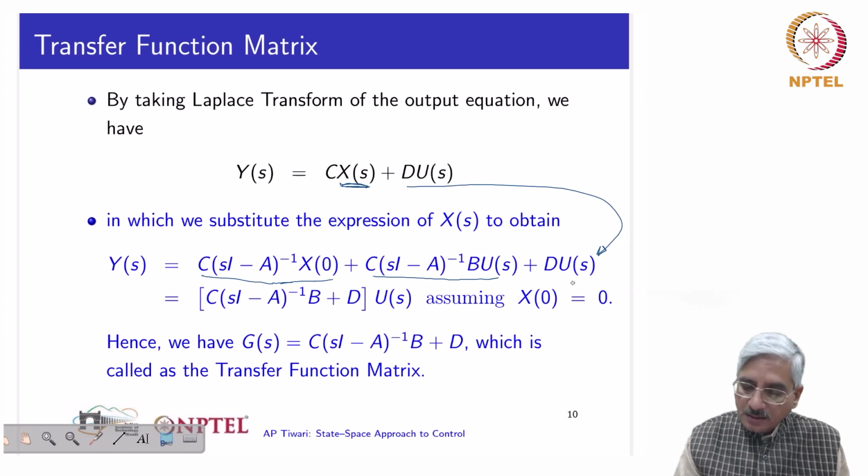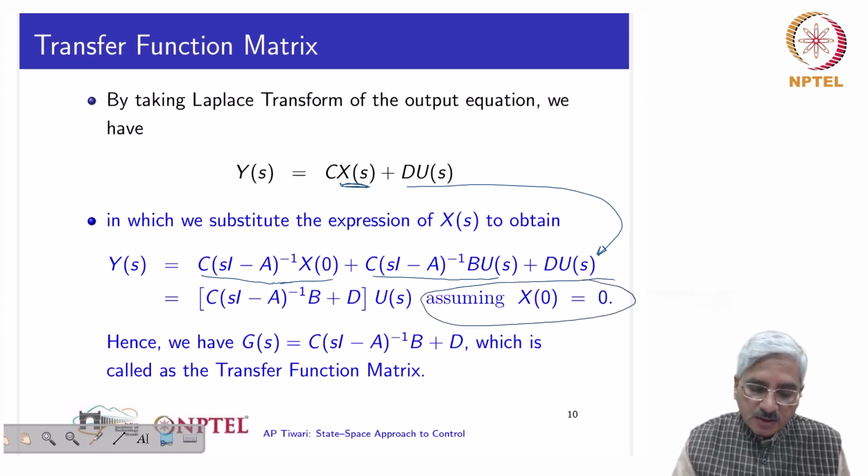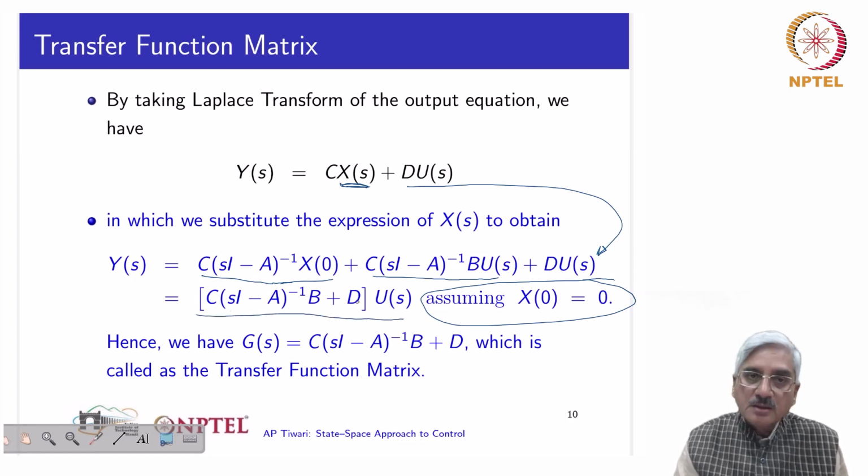Because in transfer functions we assume initial conditions are 0, we substitute x0 as 0. So this reduces to Y(s) equal to [C(sI minus A) inverse B plus D] U(s).